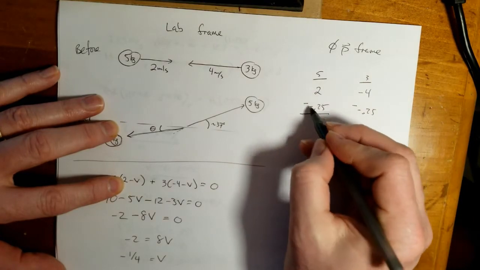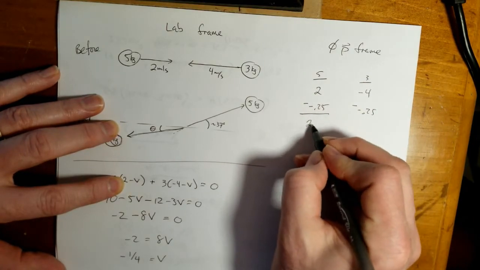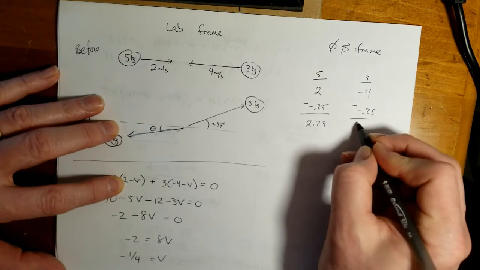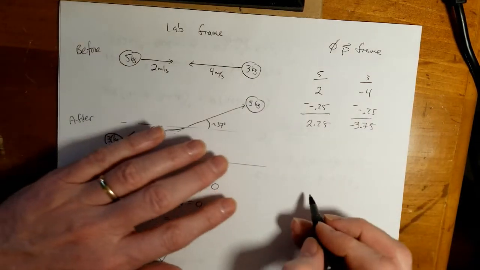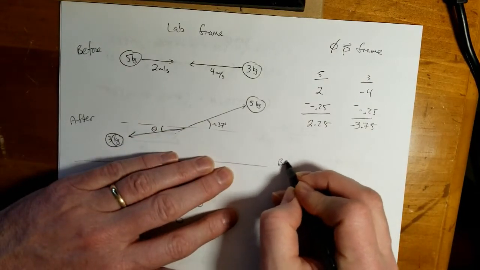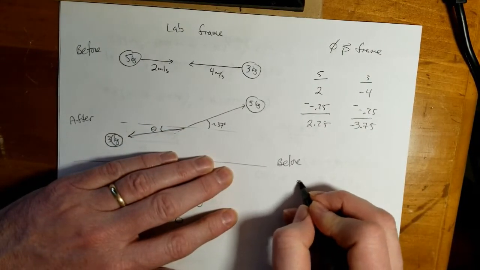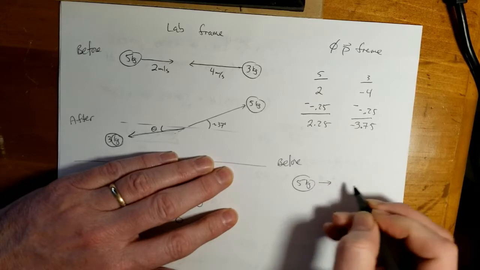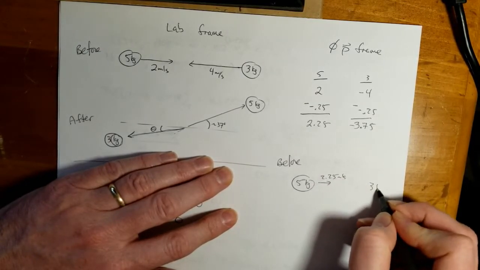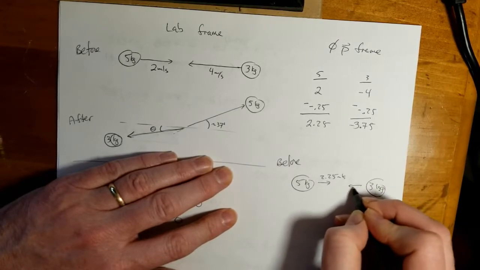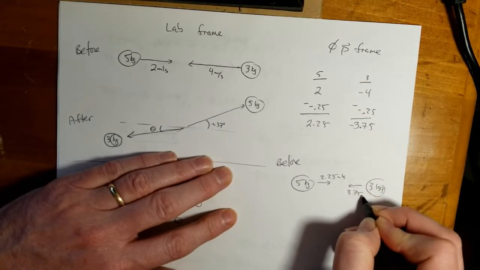So in essence, I'm adding 0.25, so this becomes 2.25, and this becomes negative 3.75. So in the zero momentum frame before, I have my 5 kilogram mass heading this way at 2.25 meters per second. My 3 kilogram mass is heading to the left at 3.75 meters per second.